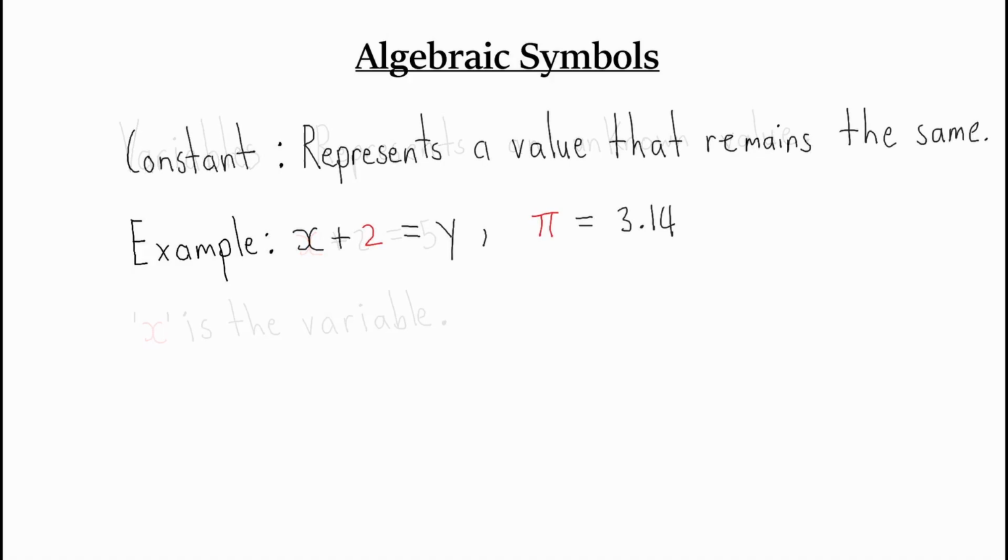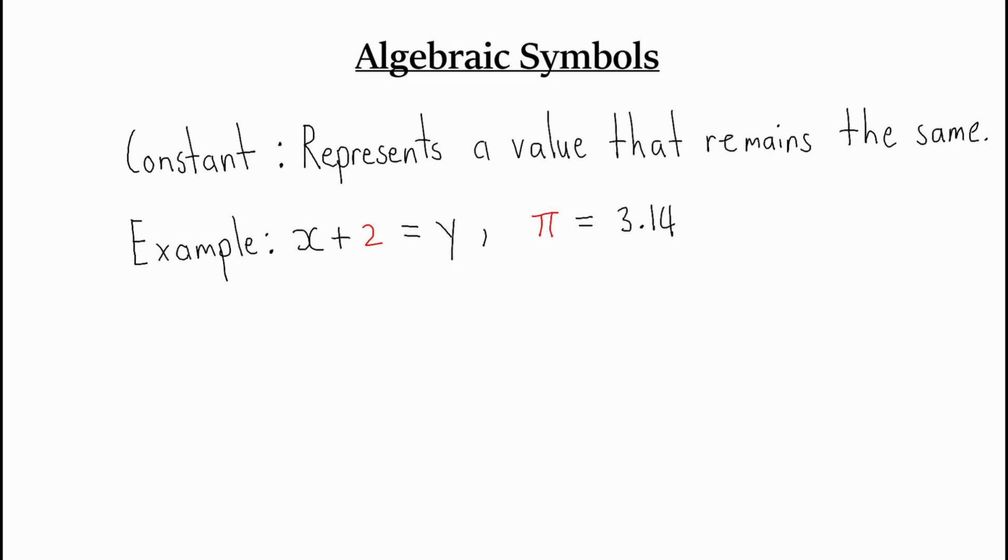A constant represents a value that remains the same in a given math problem or overall in math. For example, x plus 2 equals y. The 2 is constant, it remains the same. However, the x and y are unknowns, so those are variables.